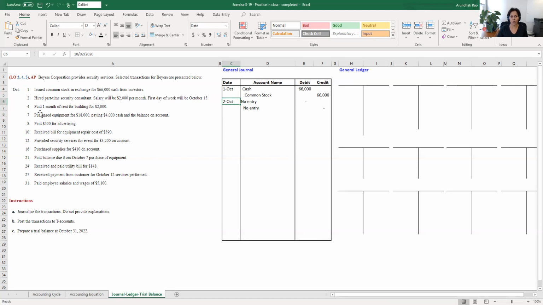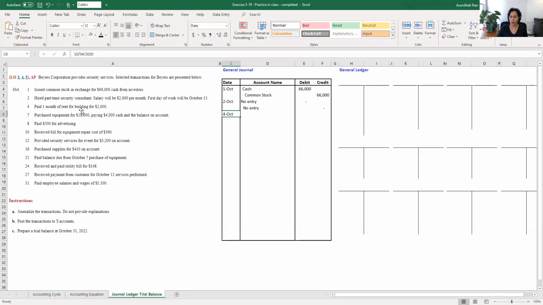Now on the 4th, we paid 1 month of rent for a building for $2,000. So first of all, I'll write the date. I paid rent, so cash is credited, cash decreases. So I have to credit cash because it decreases. What did I get? I got the benefit of this building.